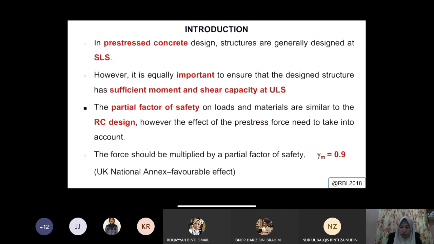There's not much difference between the designs. The design is still the same, it's just that the condition will be slightly different. So what I will do today is mostly recall what you have done before. The force should be multiplied with the factor of safety, which will take 0.9.